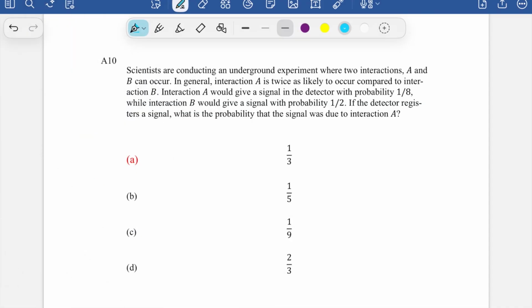This should be plus. Question 10 from section A.